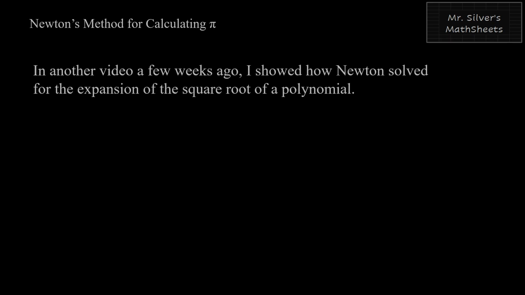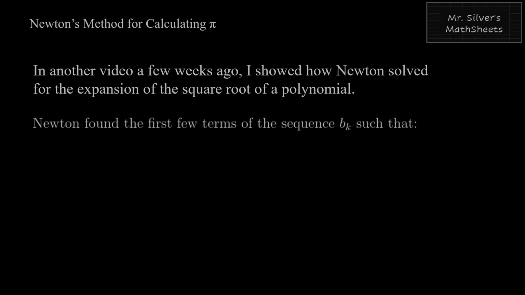In another video a few weeks ago, I showed how Newton solved for the expansion of the square root of a polynomial. Newton found the first few terms of the sequence b sub k such that the square root of 1 minus x is equal to the summation of b sub k times x to the k.